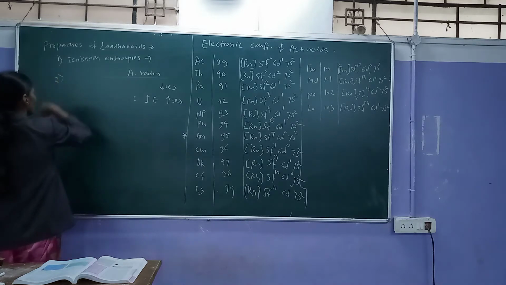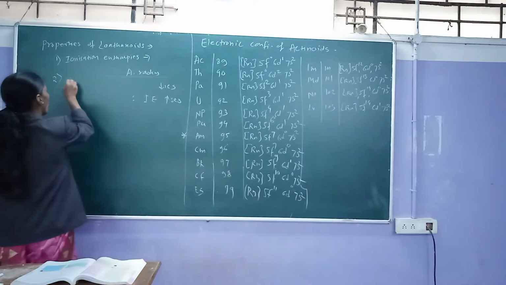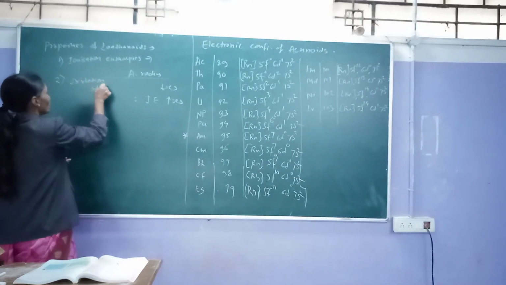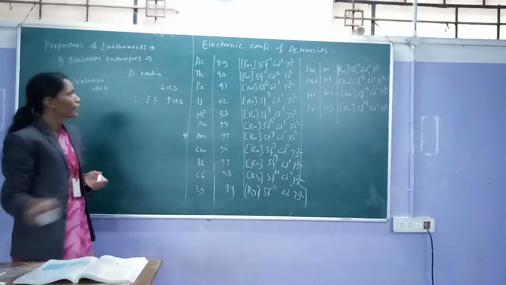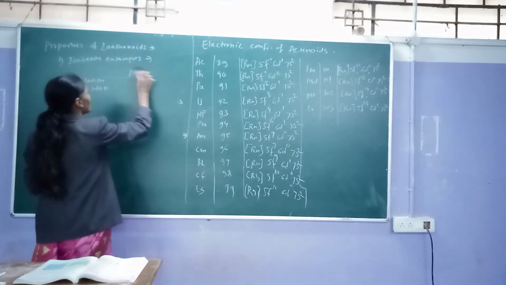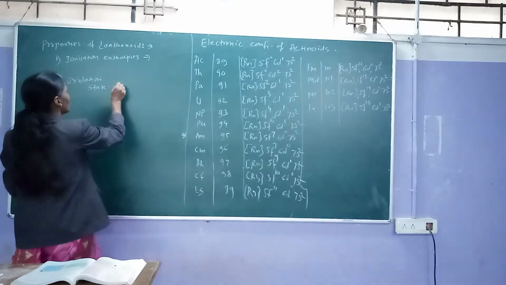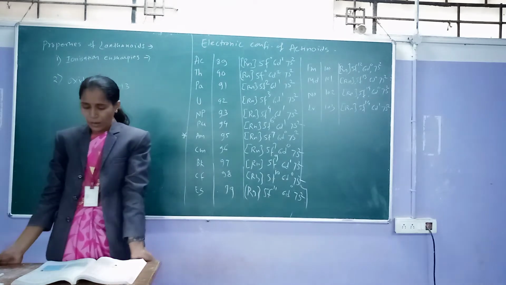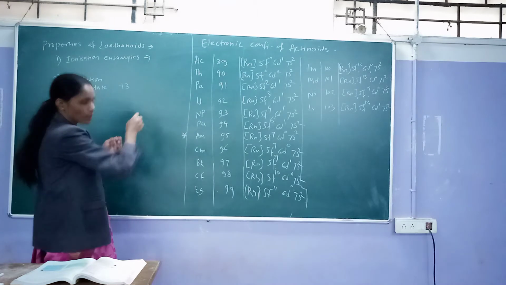Then the second property is oxidation state. The common oxidation state of lanthanoids is +3, due to the electrons of the subshells.